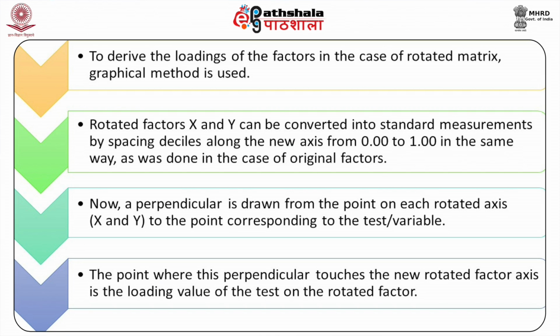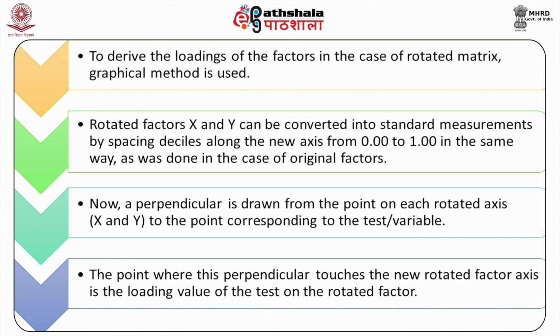To derive the loadings of the factors in the case of a rotated matrix, a graphical method is used. Rotated factors x and y can be converted into standard measurements by spacing deciles along the new axis from 0.00 to 1.00 in the same way as was done in the case of original factors.